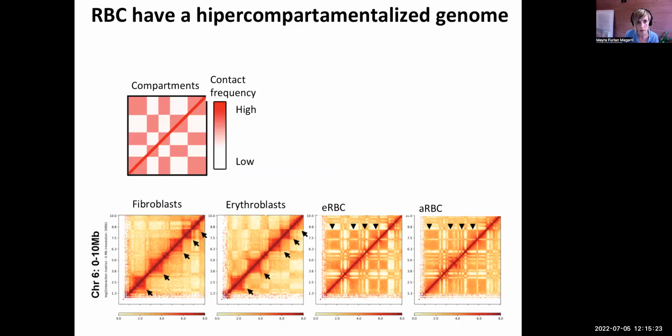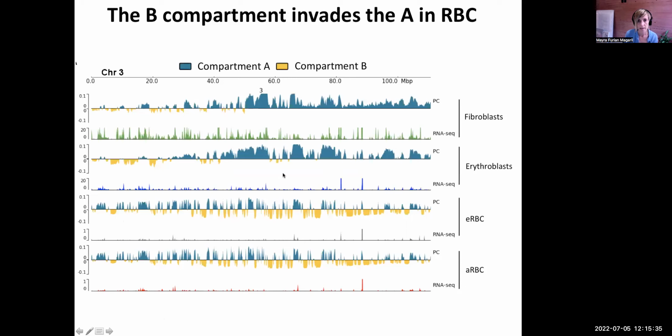So we went to look at this a bit more systematically to see if indeed this hyper-compartmentalization that we could see was there genome-wide. And this is something we observed.